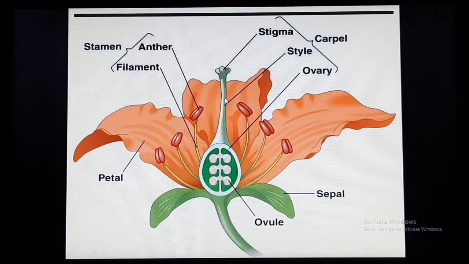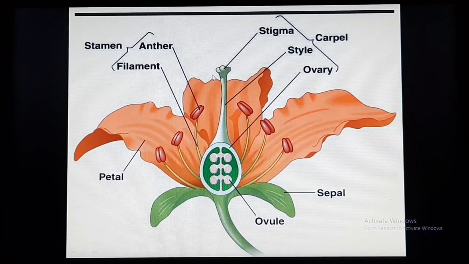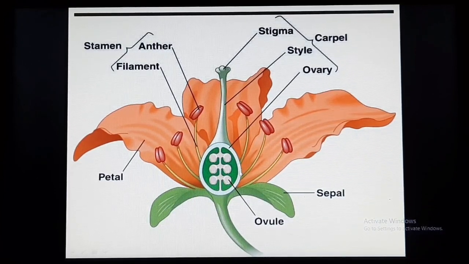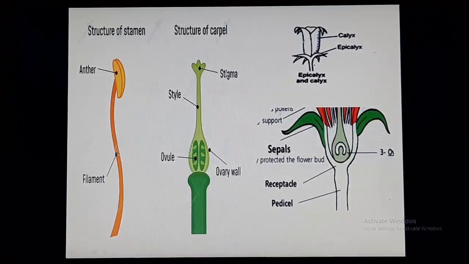The long filament-like structure is called style, the upper or top portion of the style, which is swollen, is called stigma, and the portion below the style is called ovary. See very clearly that there is the filament and the anther, and this is the style of the carpel, this is the stigma, and this is the ovary.